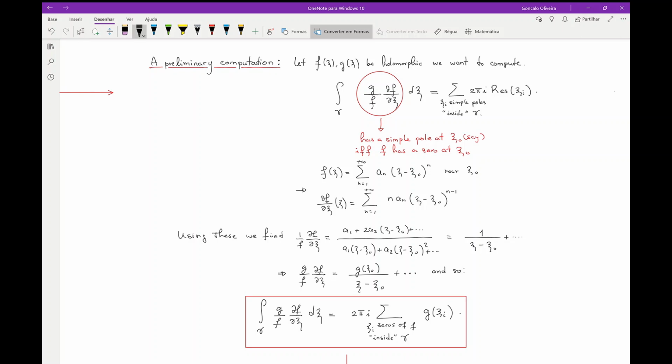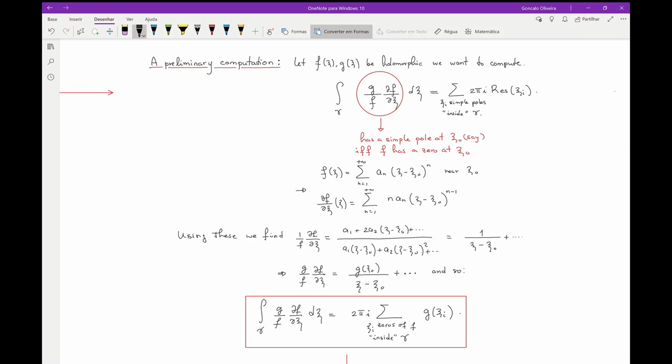So you pick two functions of one variable, chi, say, that is holomorphic, and you want to compute the integral over some simple closed curve gamma of g over f times df d chi d chi. Okay?